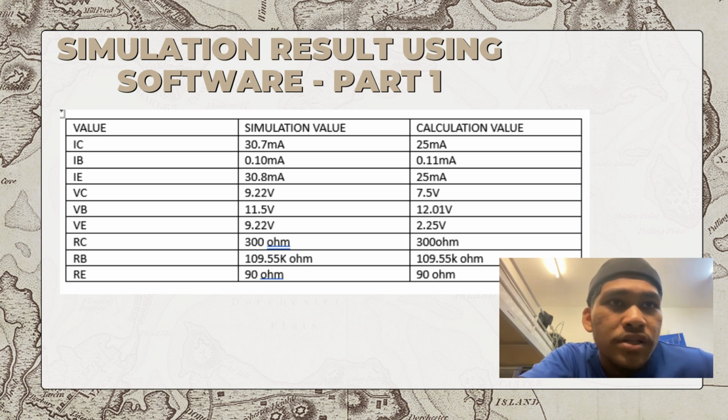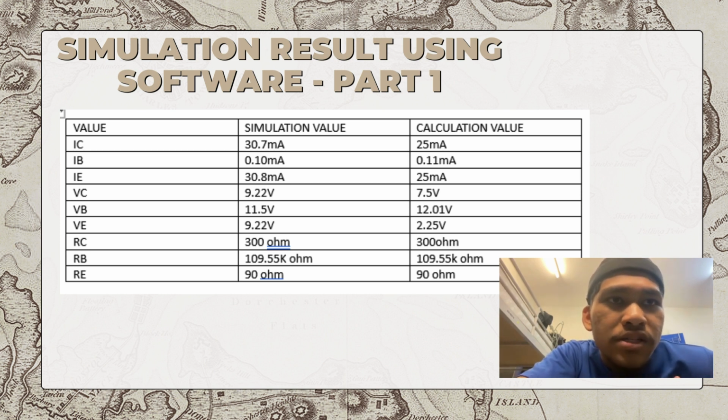VC, for simulation we got 9.22 volt, and for calculation we got 7.5 volt. For VB simulation value we got 11.5 volt, and for calculation value we got 12.01 volt. For VE simulation value we got 9.22 volt, and calculation value we got 2.25 volt.